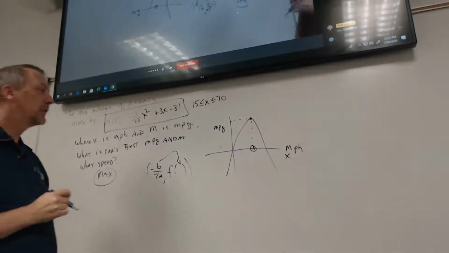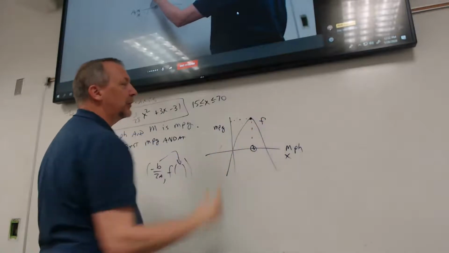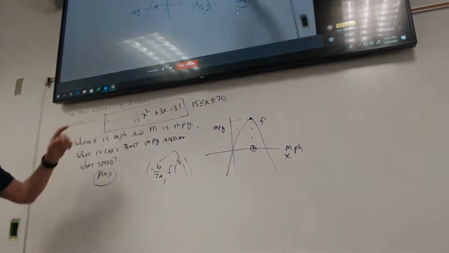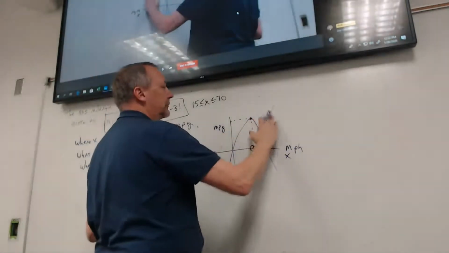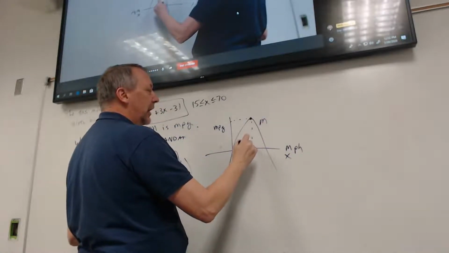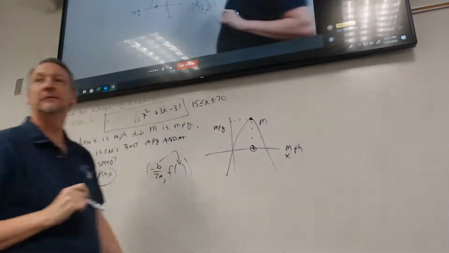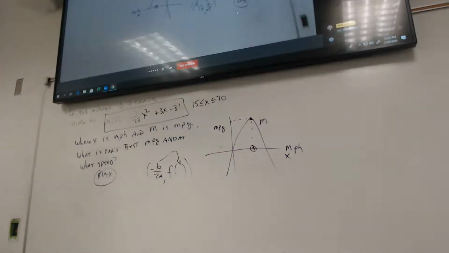So if I find the x coordinate, this function represents f, or in this case, m. I know what x is, and if I plug it in here, that's going to tell me the y. So that's how the vertex formula works.